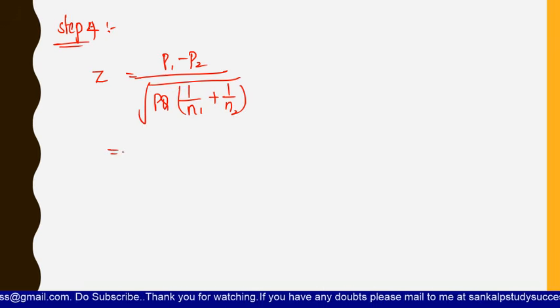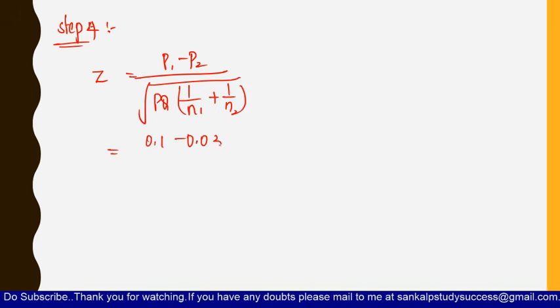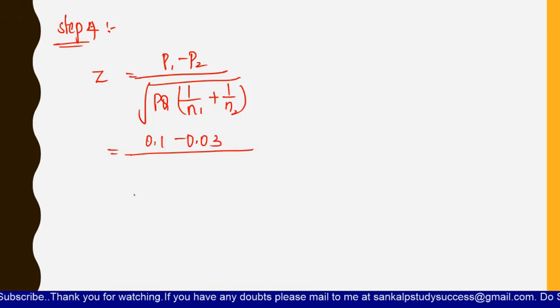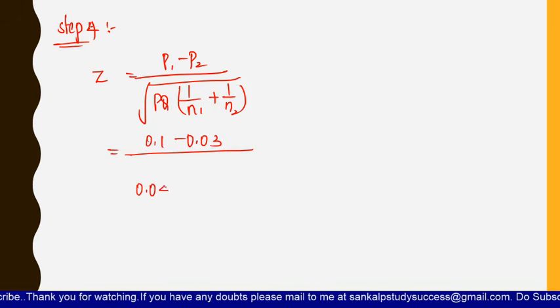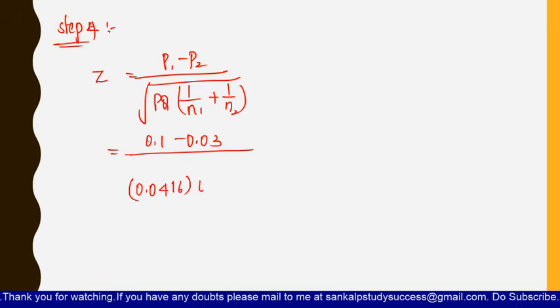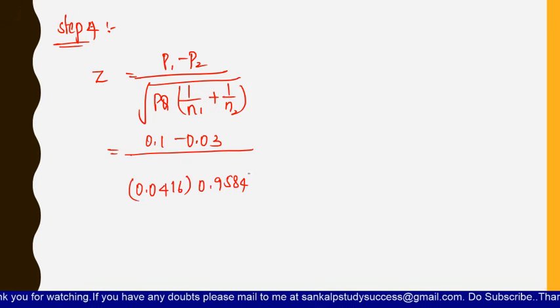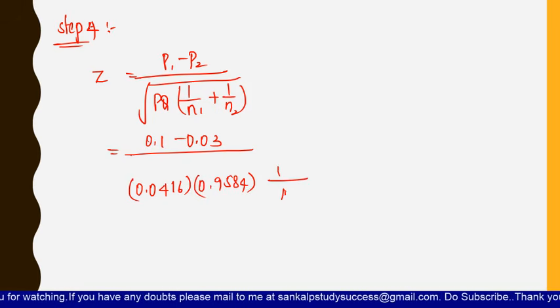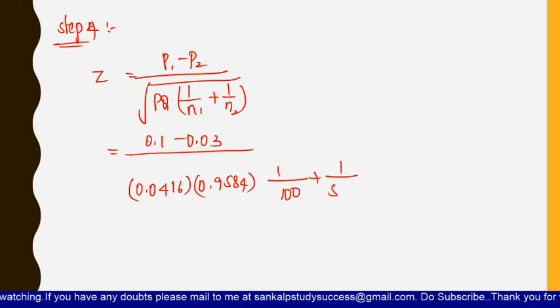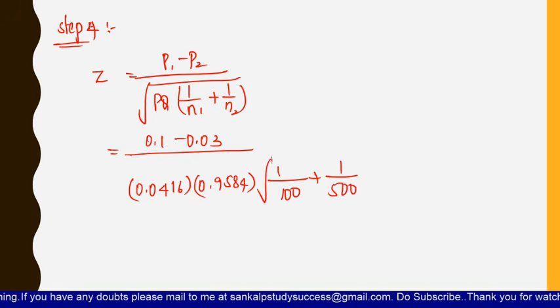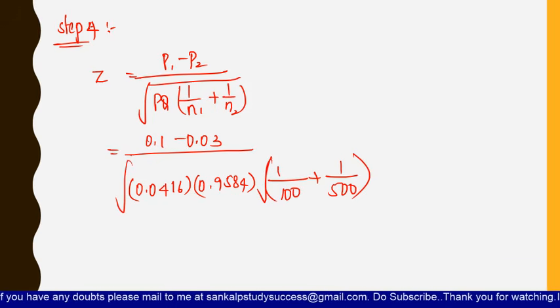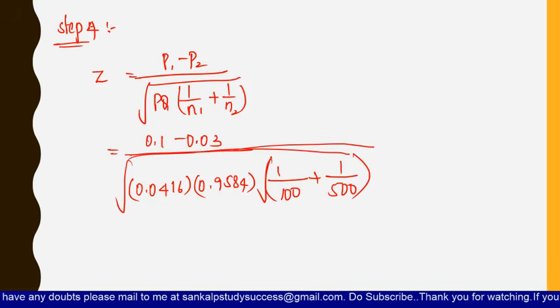If you substitute all these values, then we will get the calculated value of Z. That means 0.1 minus 0.03 divided by the square root of 0.0416 into 0.9584 into 1 by 100 plus 1 by 500. So this is the square root. If you calculate this value, then you will get 3.2.